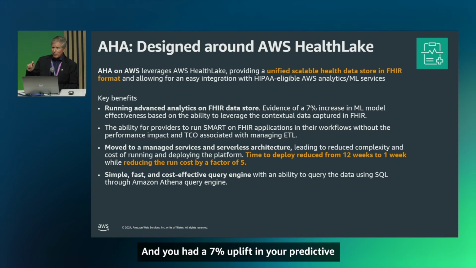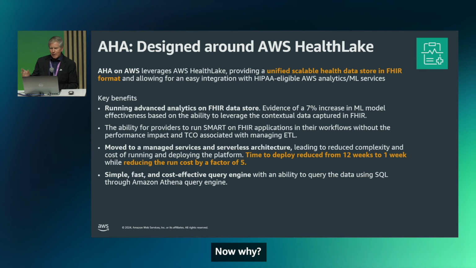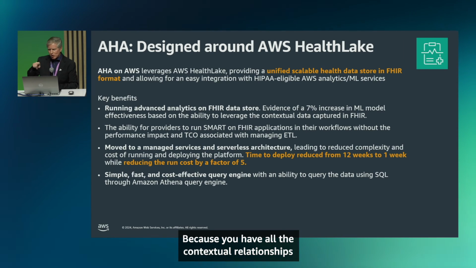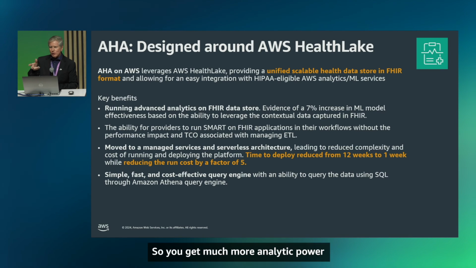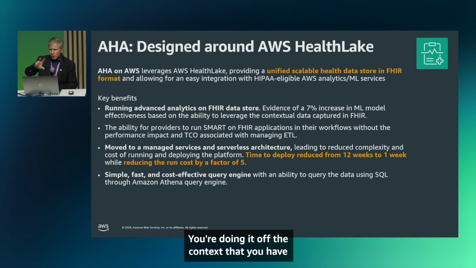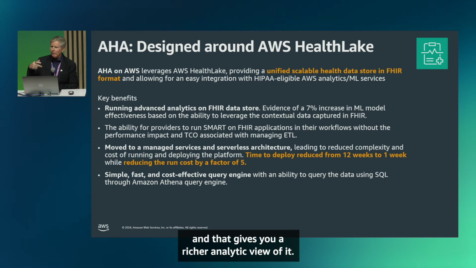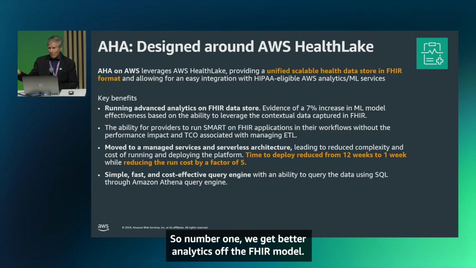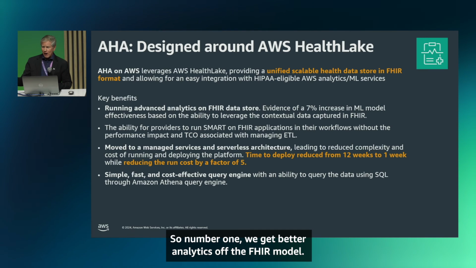And you had a 7% uplift in your predictive model off of FHIR. Now, why? Because you have all the contextual relationships of your data to each other. So you get much more analytic power because you're not doing it a piece of data at a time. You're doing it off the context that you have, and that gives you a richer analytic view. So number one, we get better analytics off the FHIR model.